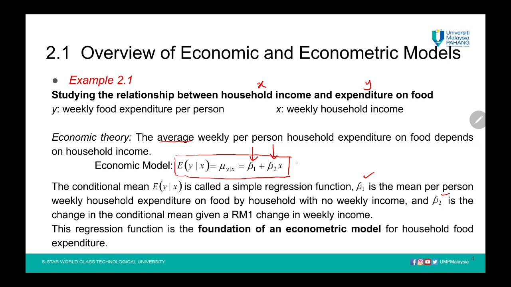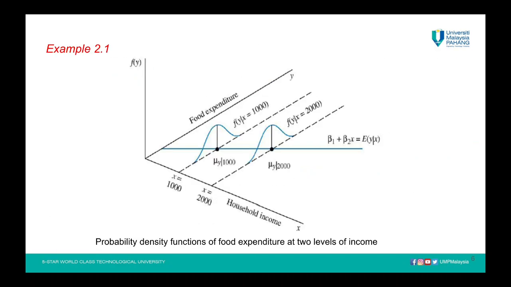This model is known as the foundation of an econometric model for household food expenditure. This graph shows the probability density function of food expenditure at x equals RM1000 and x equals RM2000.